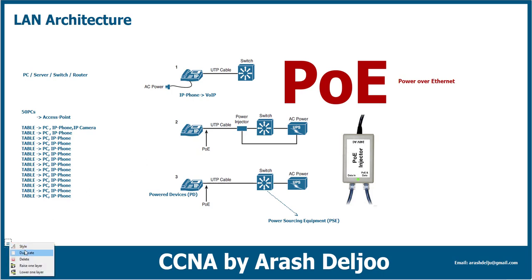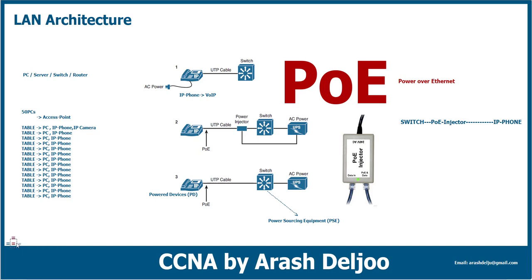Look at here, let me explain it. You know that normally the switch should connect to the IP phone. And here we don't have any power. If you want, you can install between the switch and the IP phone one power injector. Okay, let me draw a PoE injector, or power over Ethernet injector. After that, this power injector now has power.